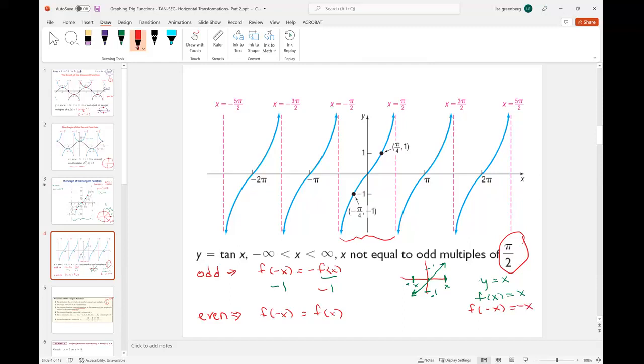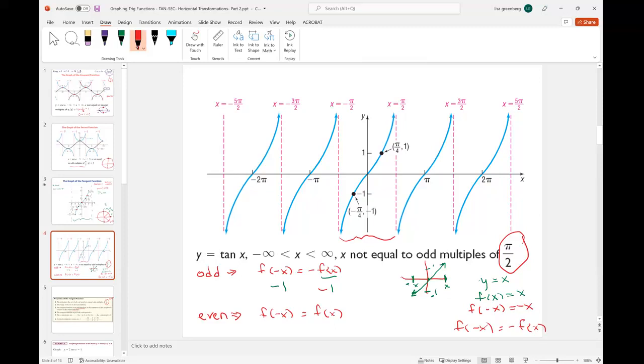And so to make these two equal, can't I say f of negative x equals negative f of x? Yeah. And that makes it odd.